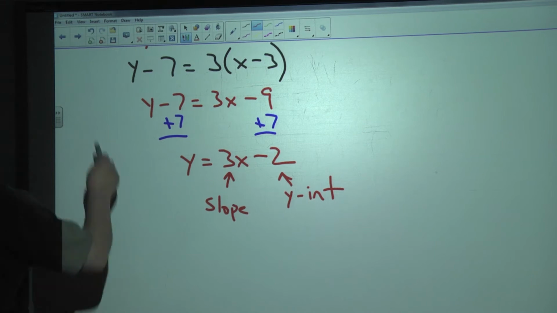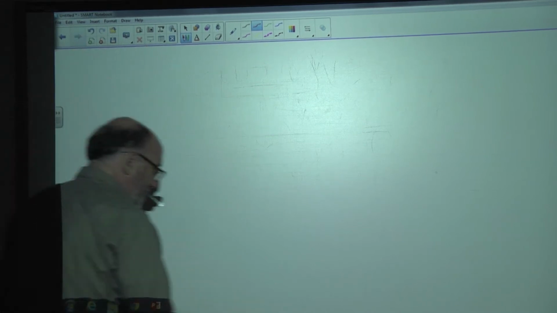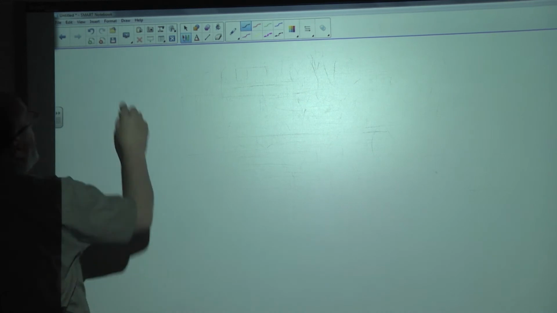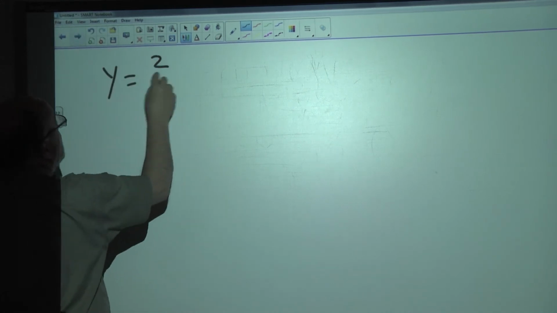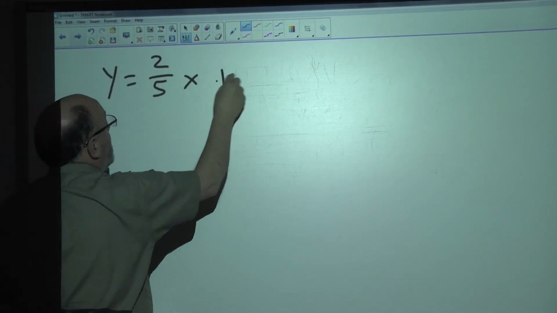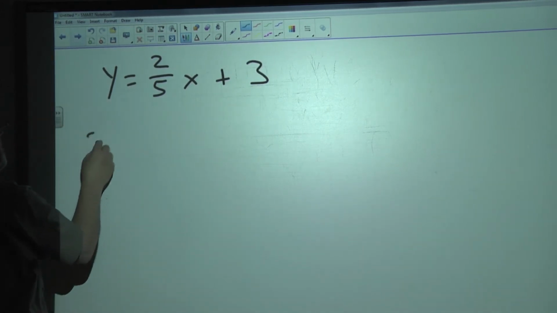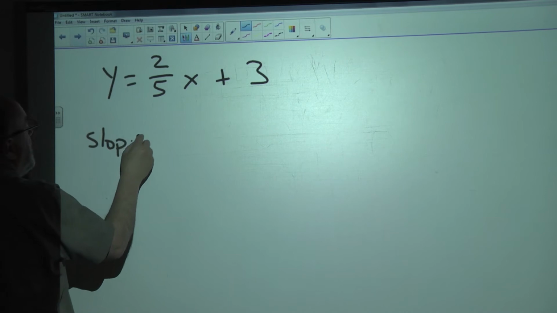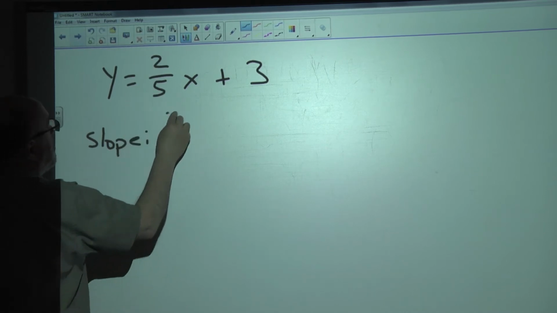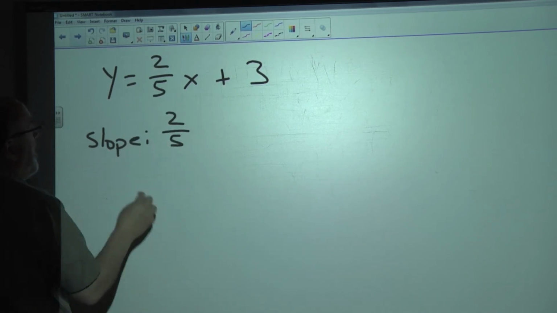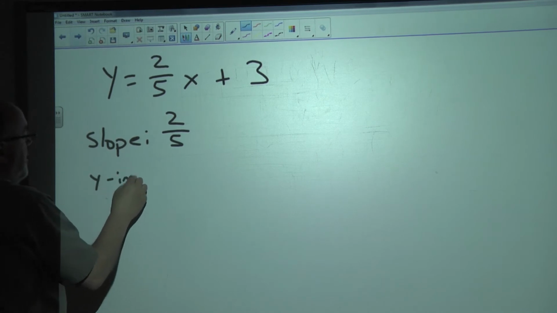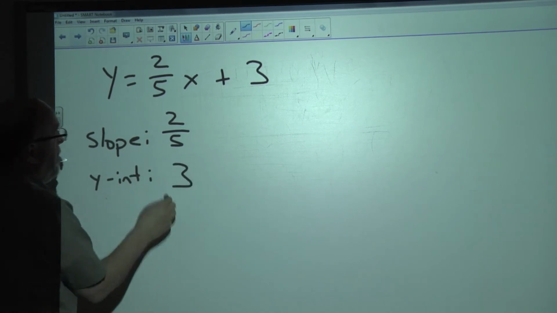So when an equation is in slope-intercept form, so for example, we have this equation, y equals 2/5 x plus 3, and if I want to know what is the slope, well, the slope is given by that number, so that is 2/5, and the y-intercept would be 3.